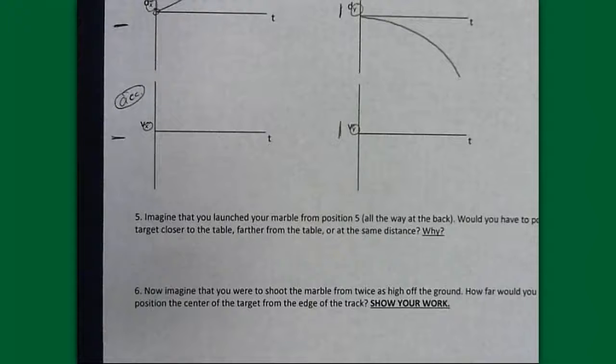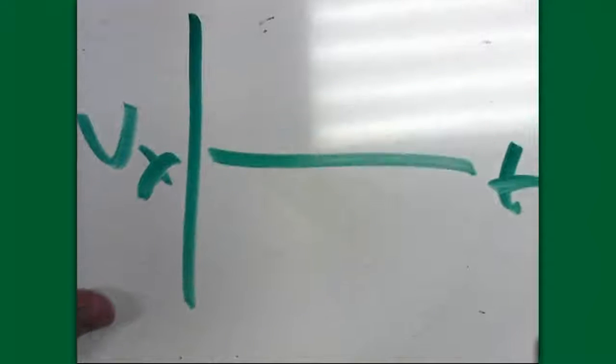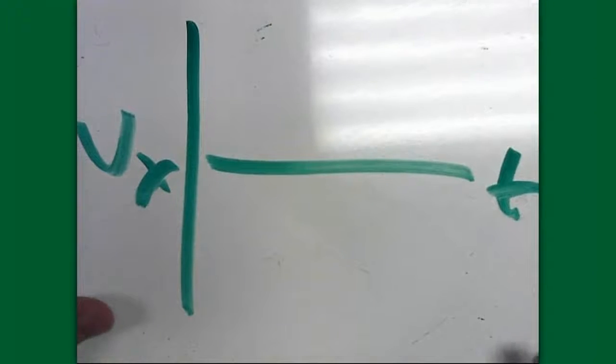Okay, let's come back now. Velocity versus time graph in the x direction. Hopefully you were able to remember that in the x direction there is no acceleration, there's constant velocity. So if there's no acceleration in the x direction, that means that there should be no slope in the x direction.